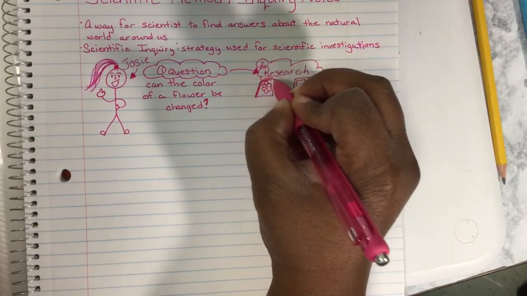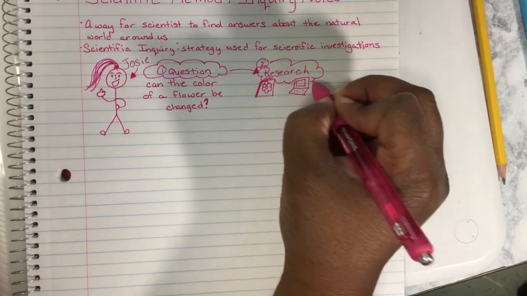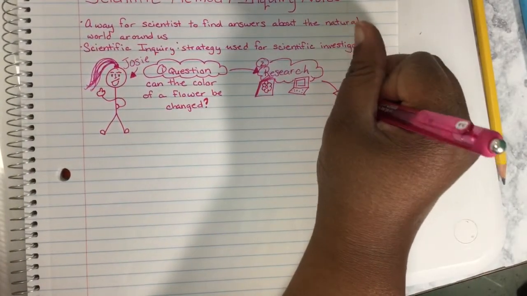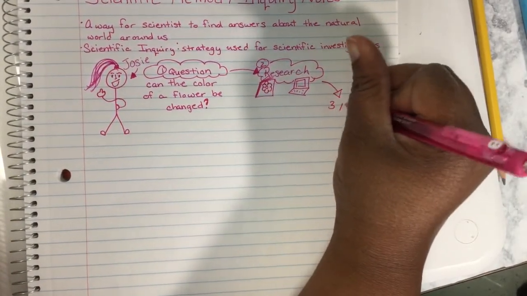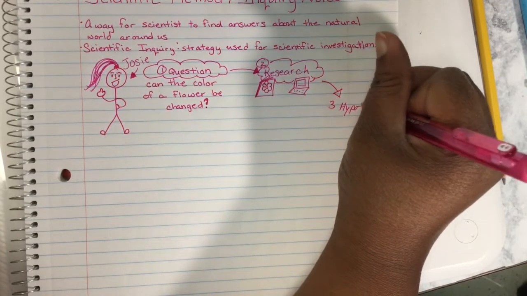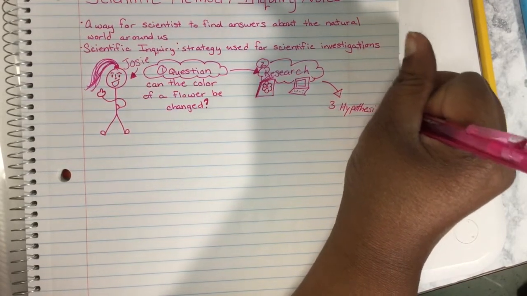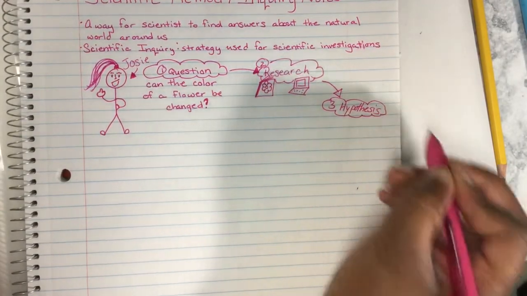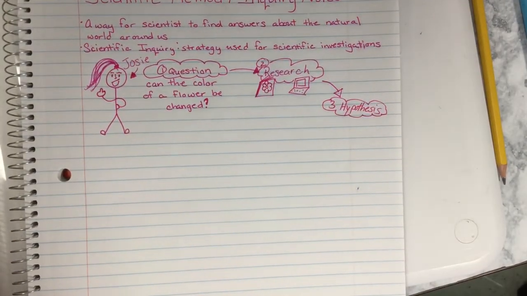After she does her research, she has some sort of idea of what she's talking about. She's going to start looking at writing a hypothesis. This is an if-then statement that's going to answer her question.